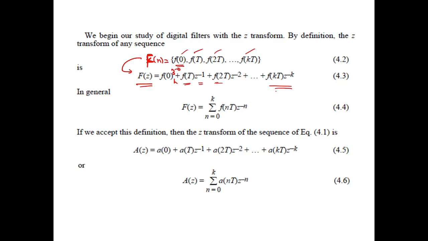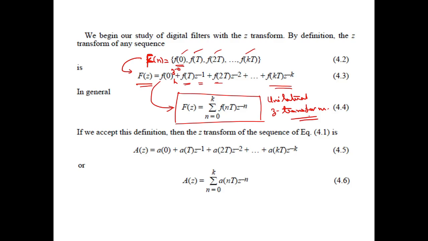In our last class, we discussed that this equation, which we can get from the previous equation if we generalize it, is called the unilateral Z transform. When we talk about the unilateral Z transform, we have already discussed that it is related to causal systems.